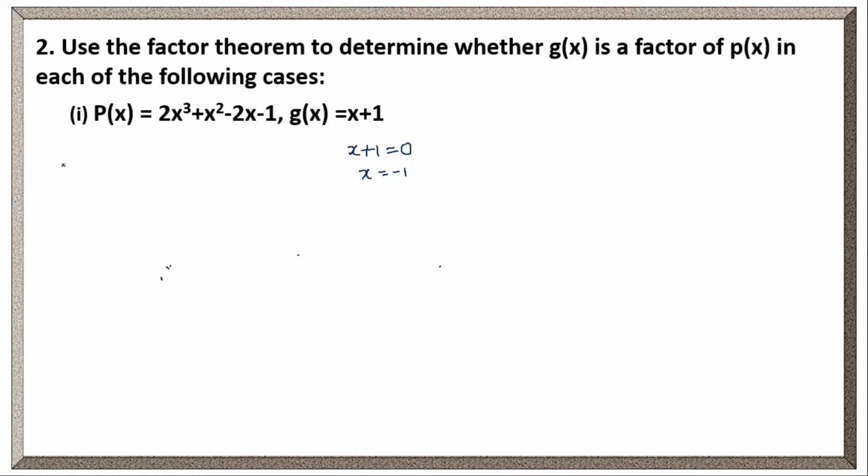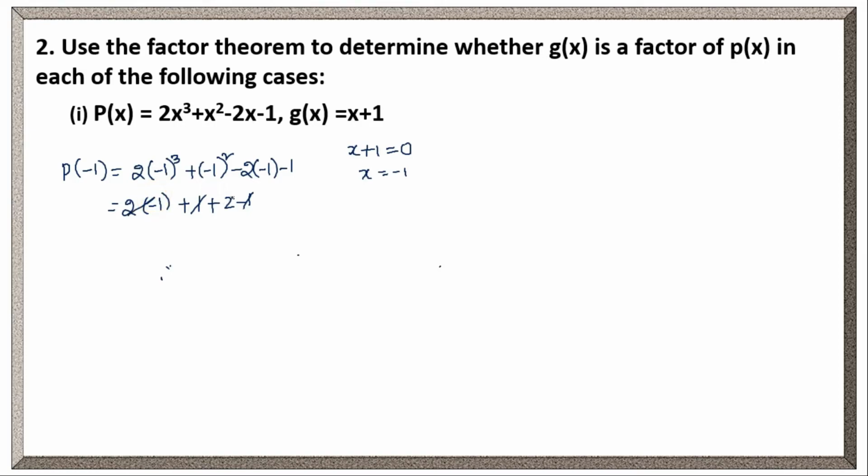Here to find the remainder, just substitute the x value in P of x. P of -1 is equal to 2 into (-1) whole cube plus (-1) whole square minus 2 into -1 minus 1. So 2 into (-1) whole cube means -1, plus (-1) whole square means 1. Minus into minus is plus, 2 into 1, 2. So +2 -1. +1 -1 will get cancelled.